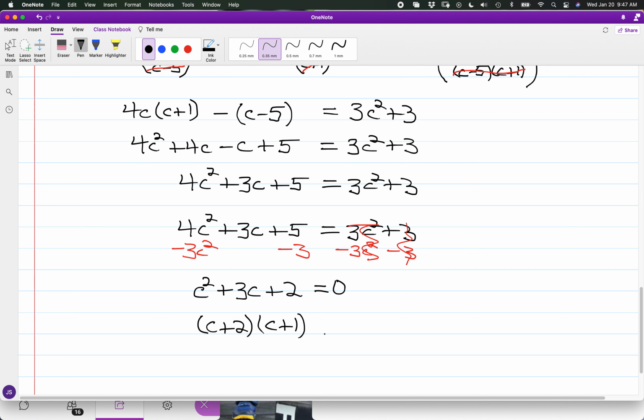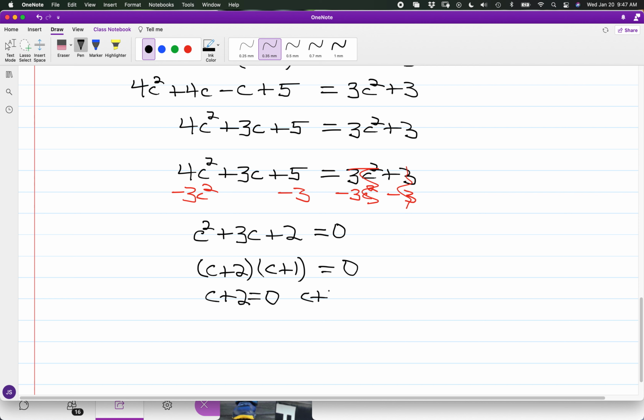Entering the phase of the zero product property, upon setting each of the factors resulting from the quadratic equal to 0, we have an apparent set of solutions with C equal to -2 and C equal to -1.